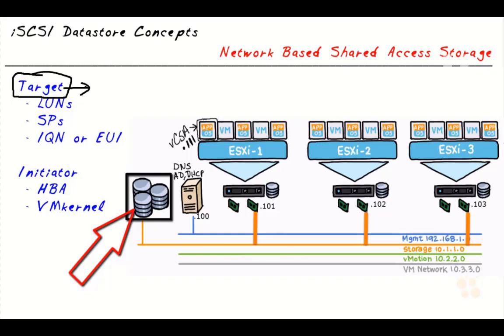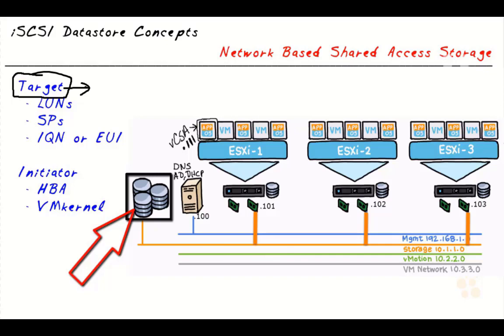For the initiator we have two components. One is called the HBA, host bus adapter, which is a storage connectivity card, and the other is called the VMkernel port. I have discussed the VMkernel port in my previous videos, so you can watch those if you have any doubt.